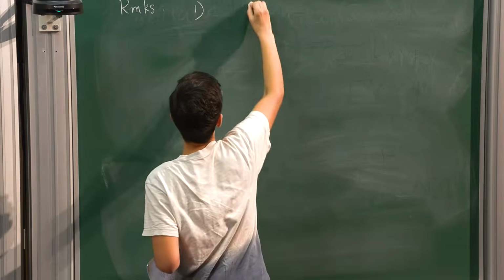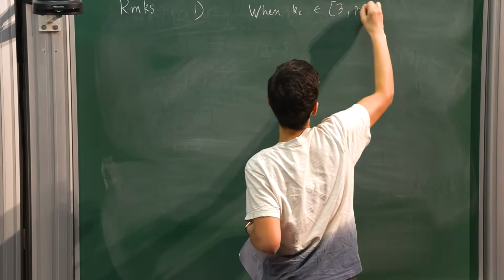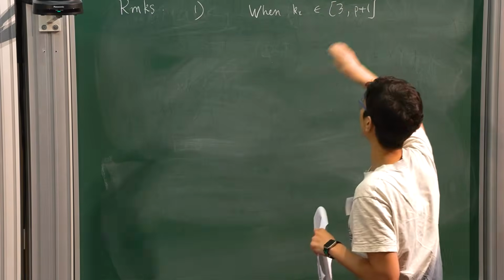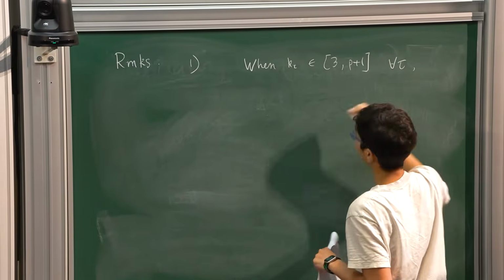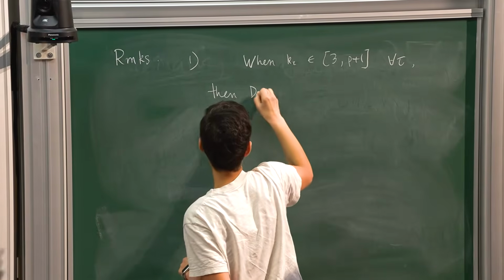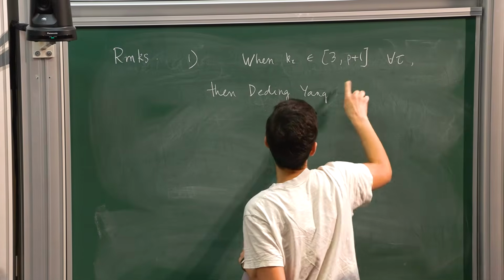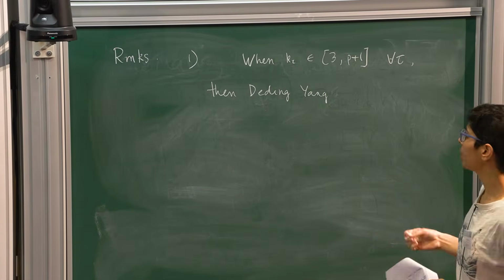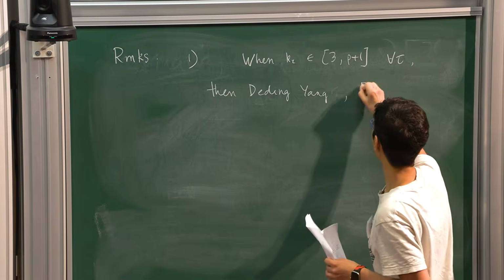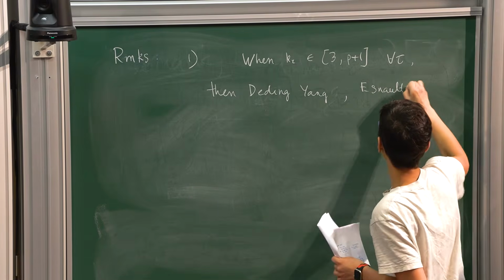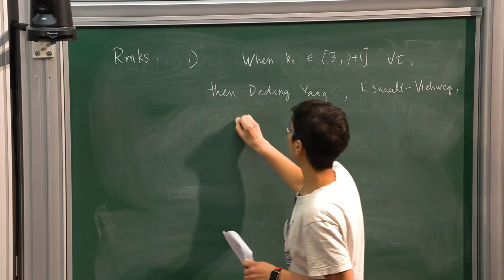One, when k_tau is in the 3 to p+1 range, so just outside of that lower edge, for each tau, then one can use Deding-Yang's results on ampleness of line bundles and combine it with cohomology vanishing theorems like Nakano and Kodaira-Viehweg's theorem to show that star is true.